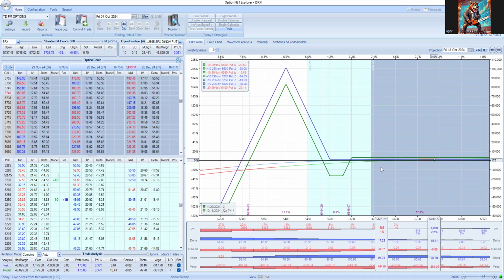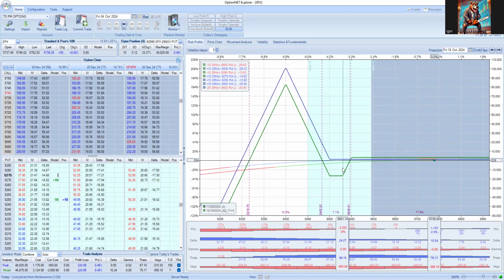So even if we do come down somewhere around this area here, we're probably not going to show a profit at the time. But as long as we continue to hold a little bit longer, and as the time runs off the clock, eventually this position will improve unless we continue to drift lower.